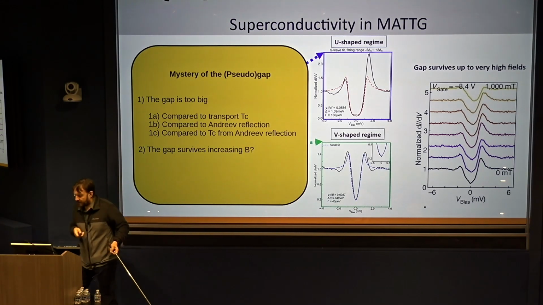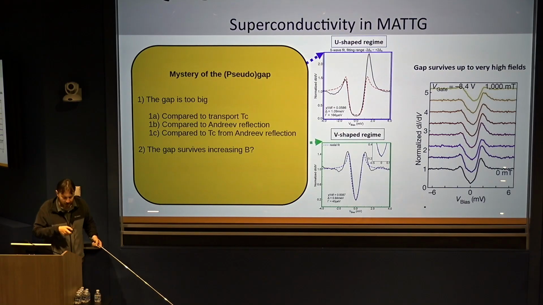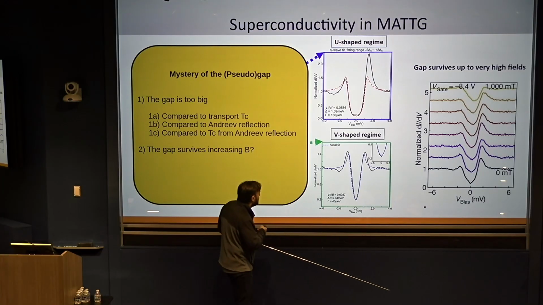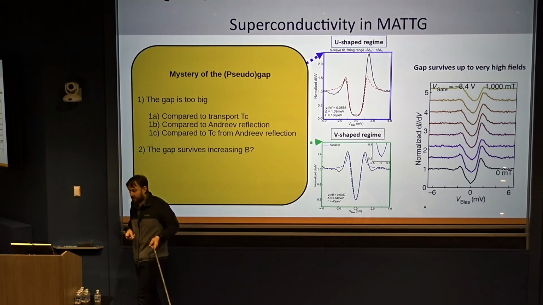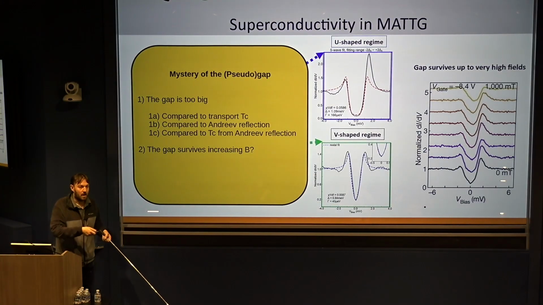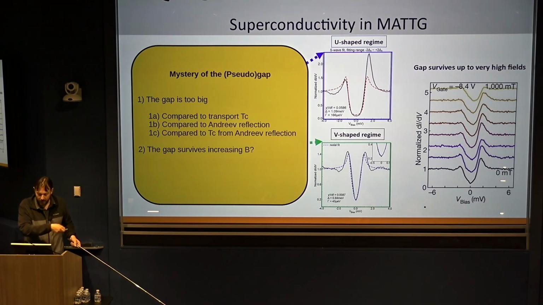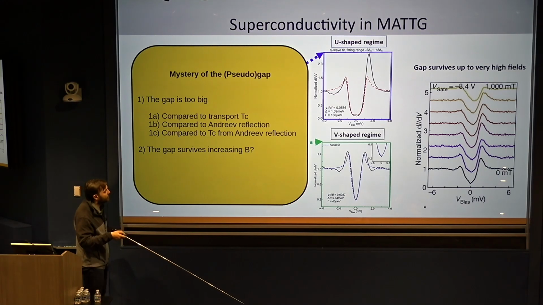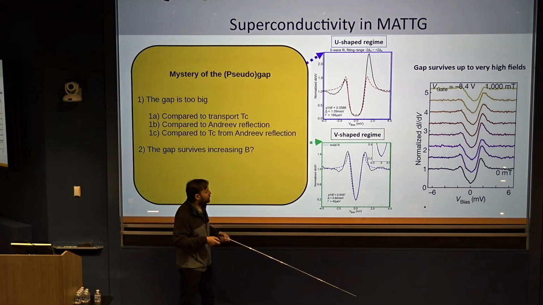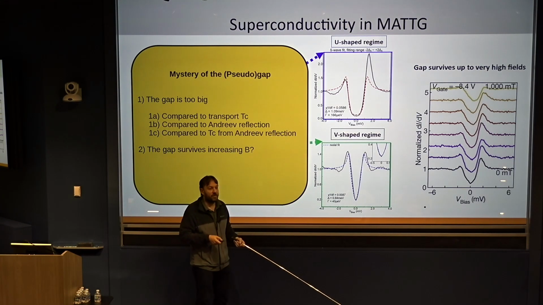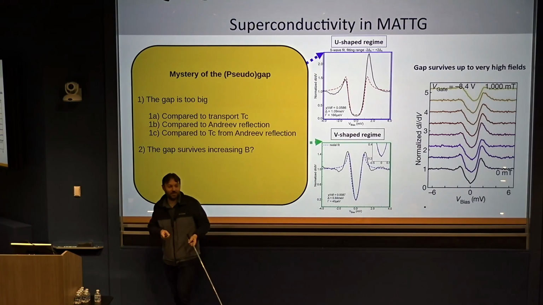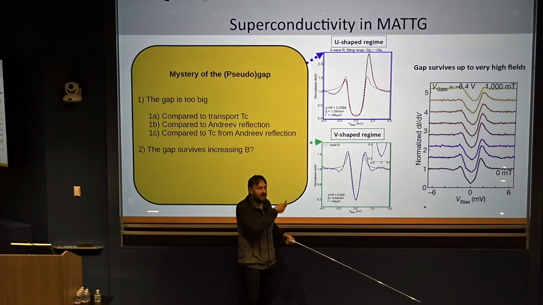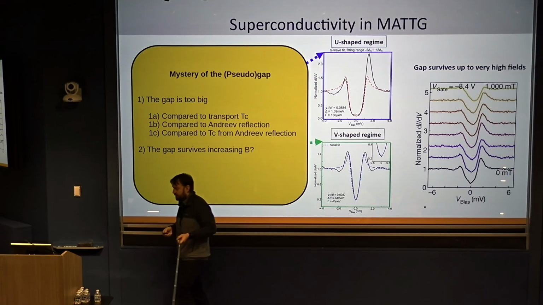So now we can take new data on this and see if there is some reconciliation of these mysteries and whether we can build a consistent picture. We actually had the data for some time, but it took a long time to find theorists who would help us explain how to reconcile everything that we see.